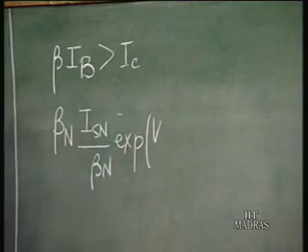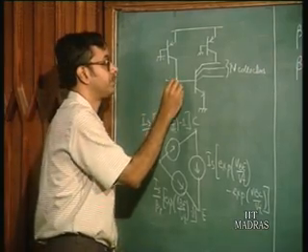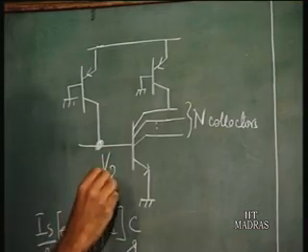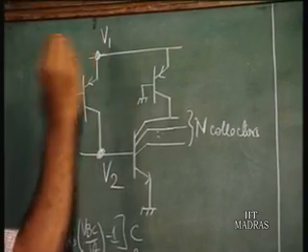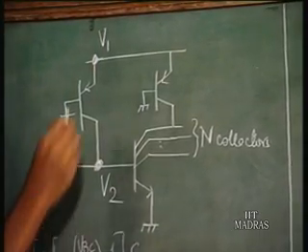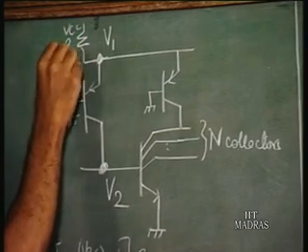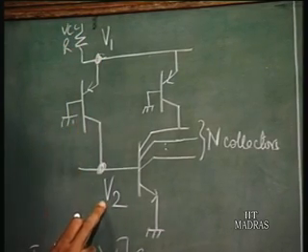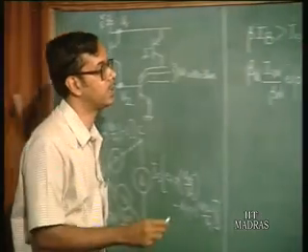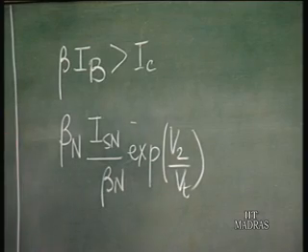Here what I will do is, I call the voltage at this point V1, of course this is coming from some external resistance, and the voltage here V2. So this becomes exponential V2 by VT.